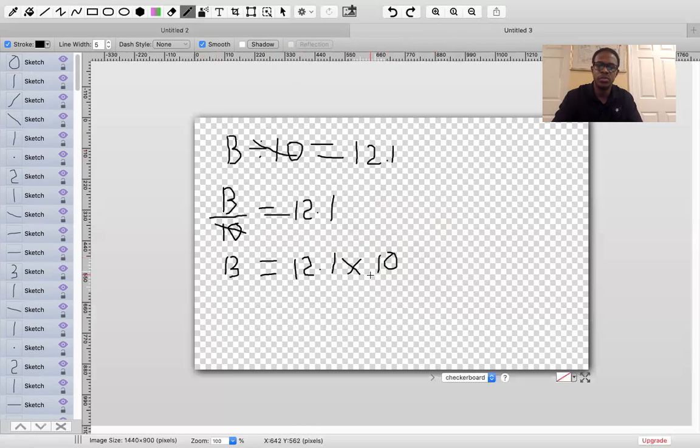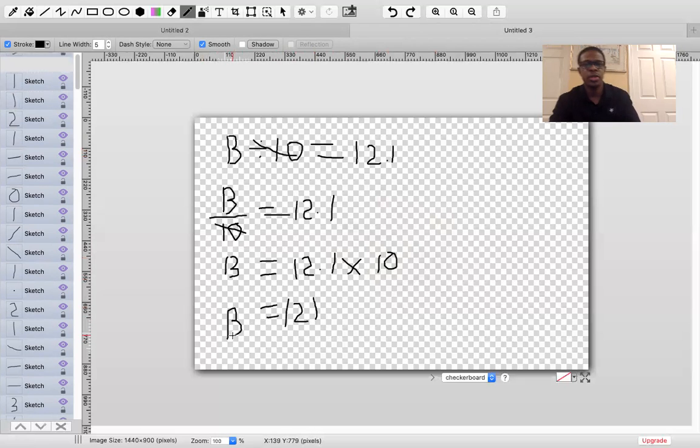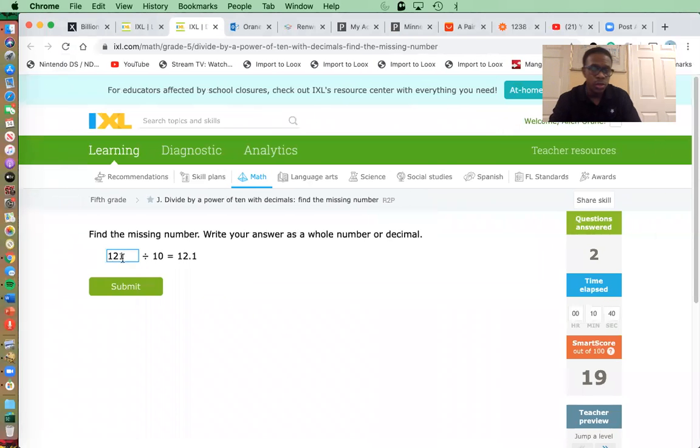If I multiply 12.1 times 10, I'm going to get 121, which we already knew. 121 divided by 10 is 12.1. Awesome. Okay, so I'm going to do one more. But again, the main concept I want us to remember is when we're dividing or multiplying by a power of 10, all we're doing is moving that decimal point.